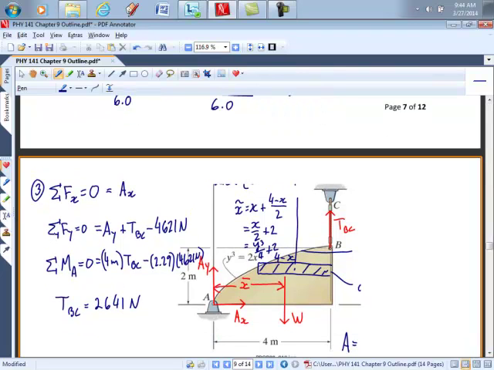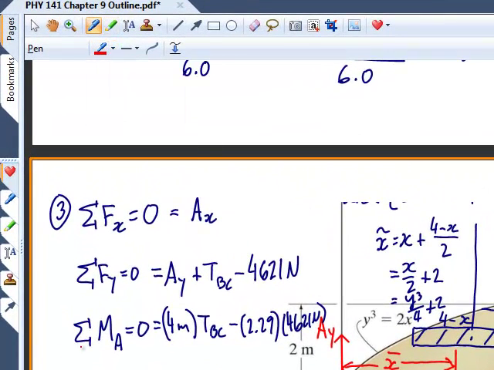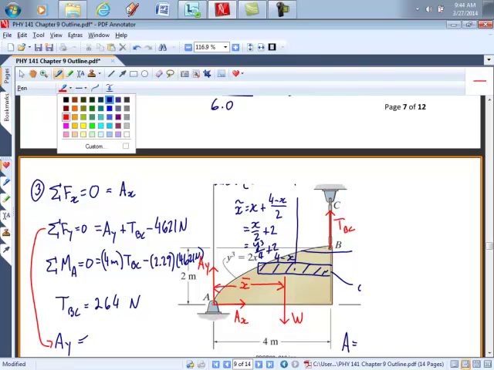And then from there we can calculate Ay. 4.5 or 4.6? 4.5. Okay. I'm going to go with 4.6 then. Majority rules. And that's what I have from last year.